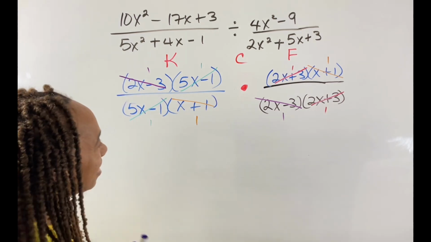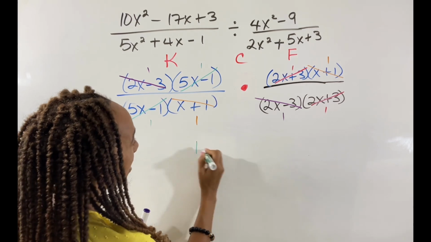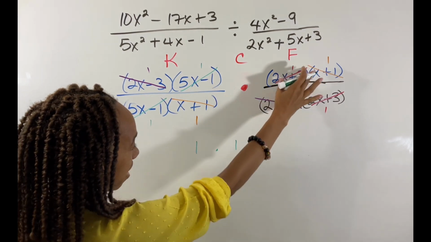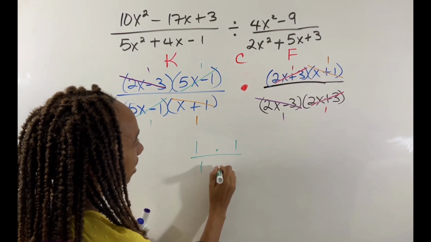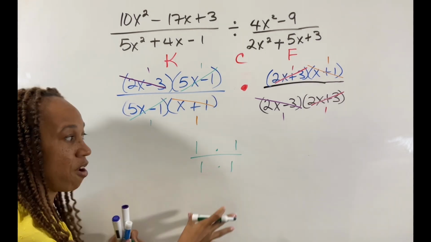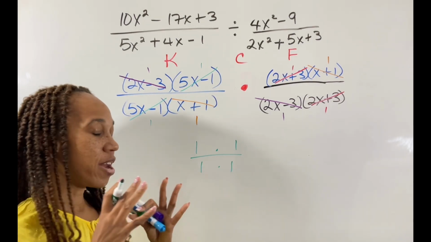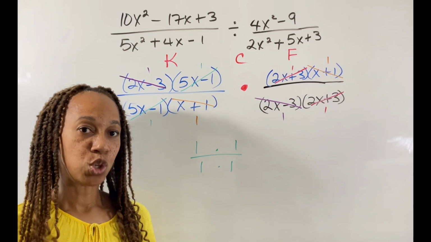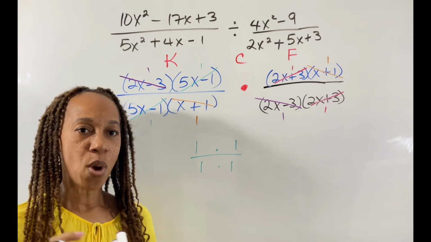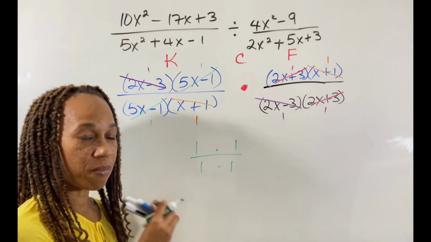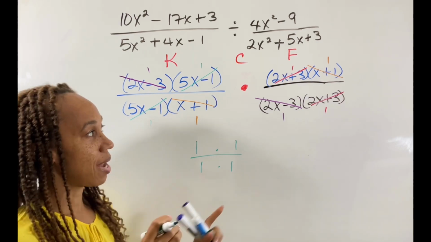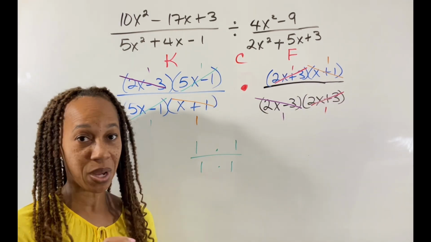So when you look at this now, you have 1 times 1 is 1 here, times 1 over here, over 1 times 1. And I'm doing it this way for students who are not strong in math, to show them where that answer is coming from, the correct answer, which would be 1, and don't tell me this will just give me 0. No, because it's cancelled out.